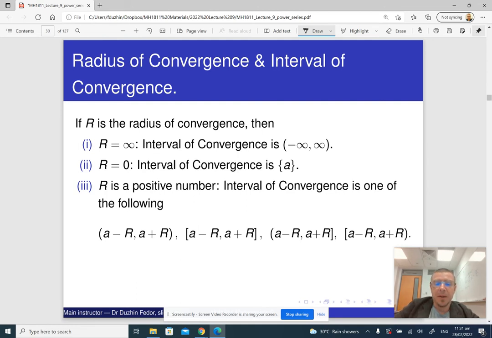Then, depending on whether the endpoints of the interval of convergence are included or not, we can have four possible intervals of convergence. And usually the question is just to figure out which of the four it is.